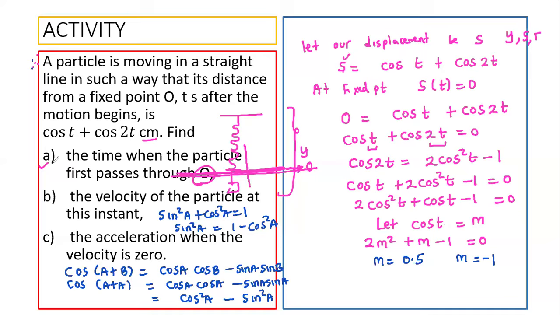Go back and obtain it. So we are going to go back and obtain that angle, the time. So I'm going to say that cos of t is equal to a half. Then t is going to be equal to cos inverse of a half. Now, members in the chat, can you give me what is cos inverse of a half?